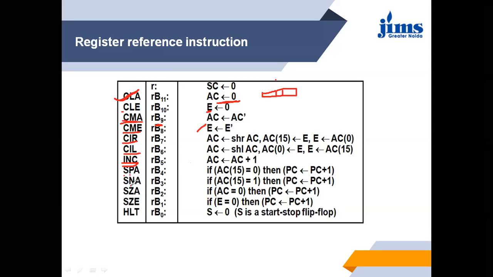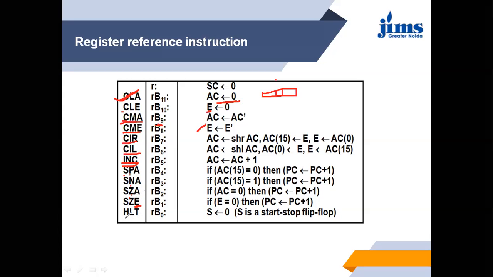We have to increment the value of program counter if the value of E register is 0, and when the accumulator is 0, at that time we are incrementing the value of program counter.